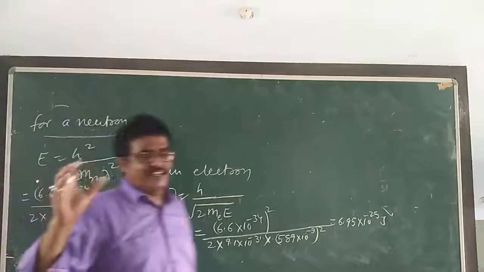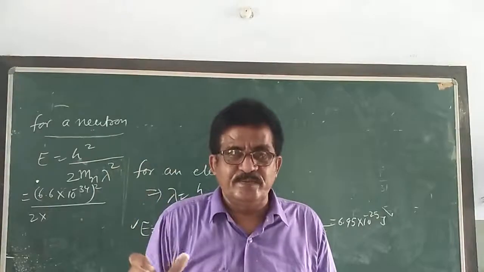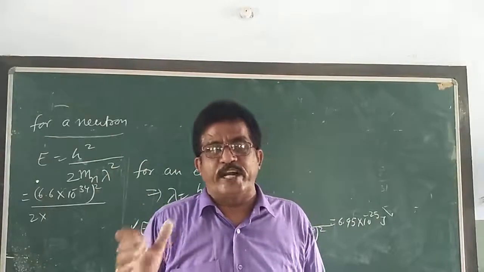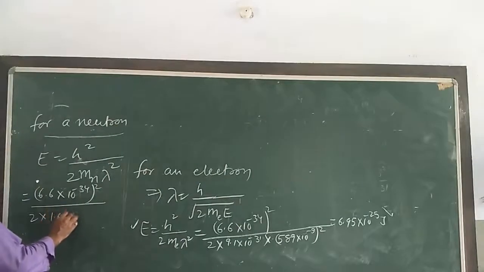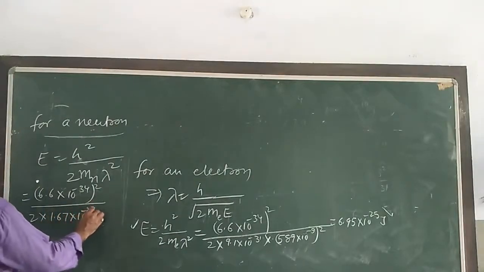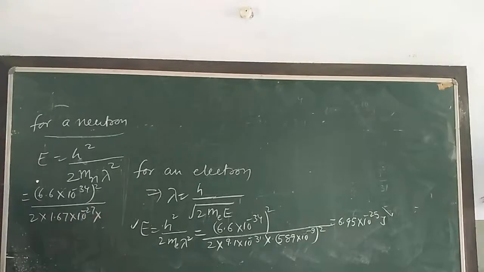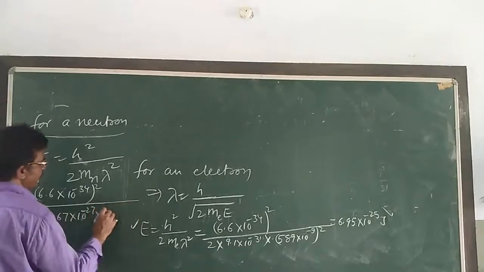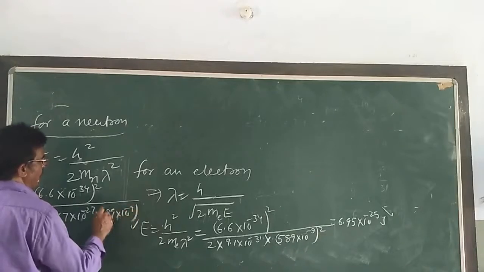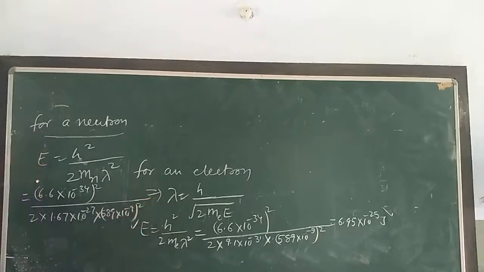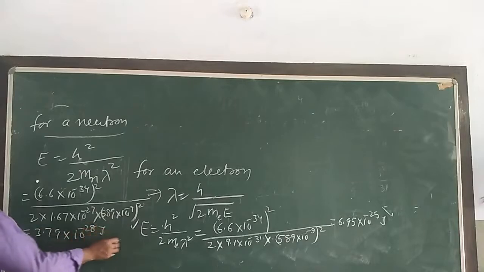Who knows? Mass of neutron is 1.67 into 10 raised to power minus 27, into lambda, 589 into 10 raised to power minus 9 का whole square. So that is 3.79 into 10 raised to power minus 28 joule. This is the answer.